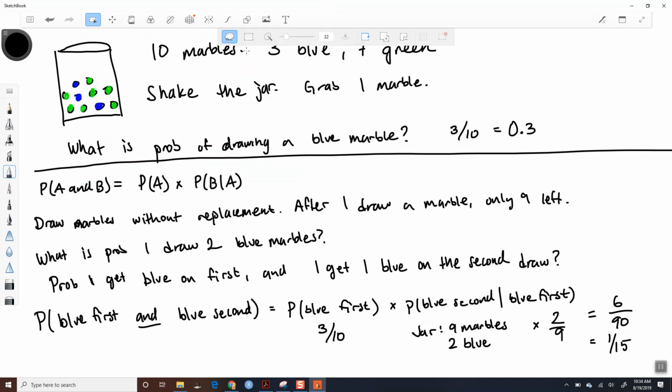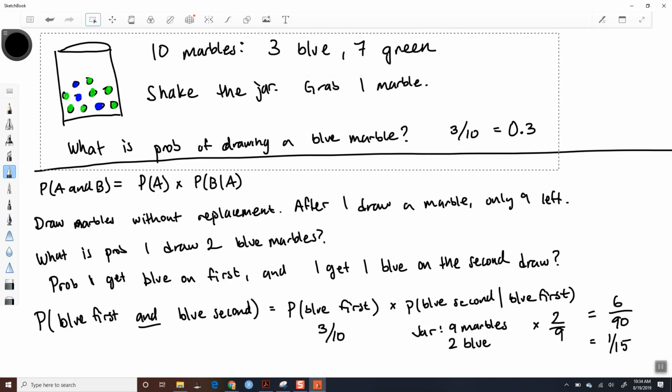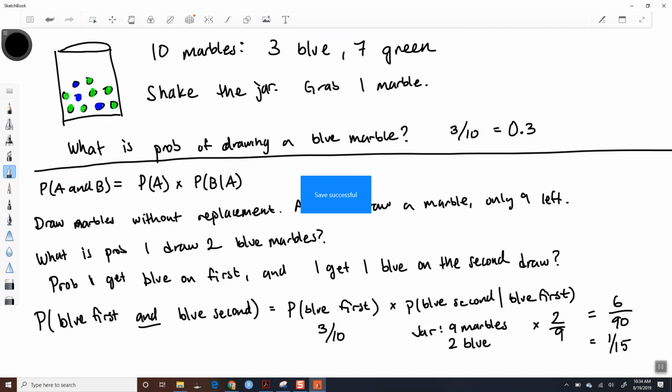Contrast this to what would happen if we did the drawing of marbles with replacement. Just want to make sure everyone's so far so good.